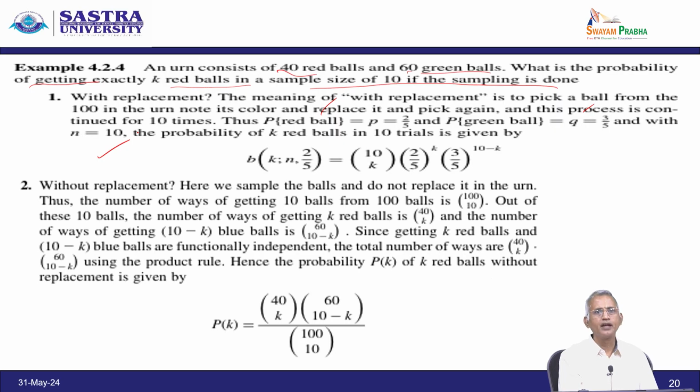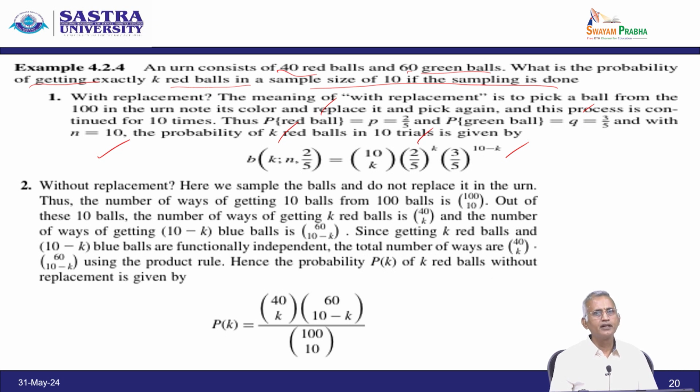Therefore, the probability of k red balls in 10 trials is given by the binomial B(k; n, p) with n equal to 10, p equal to 2 by 5, which is 10 C k into (2/5)^k into (3/5)^(10 minus k).